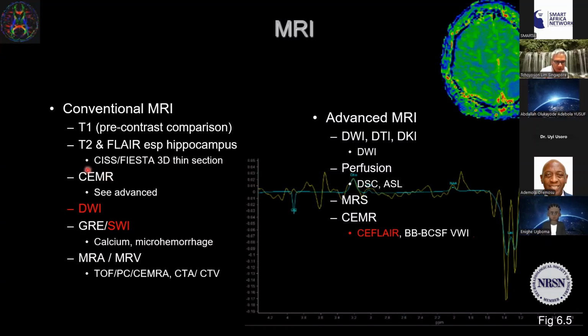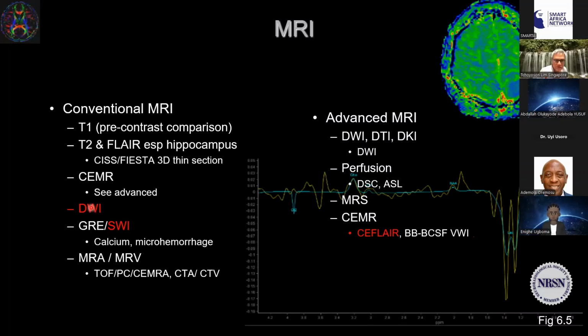We typically have high-resolution, thin-section, contrast-enhanced MR after injection of gadolinium. Don't forget on T2, we can also get 3D thin section imaging using steady state imaging or FIESTA. I've highlighted diffusion weighted imaging because I have found it to be very useful in assessing abscesses and meningitis.